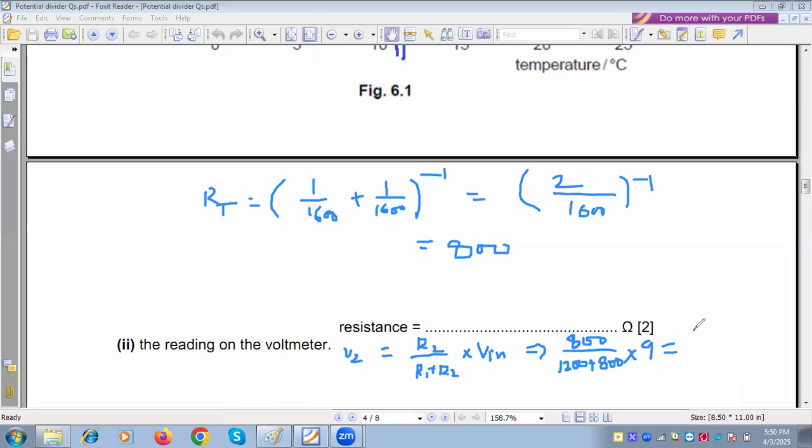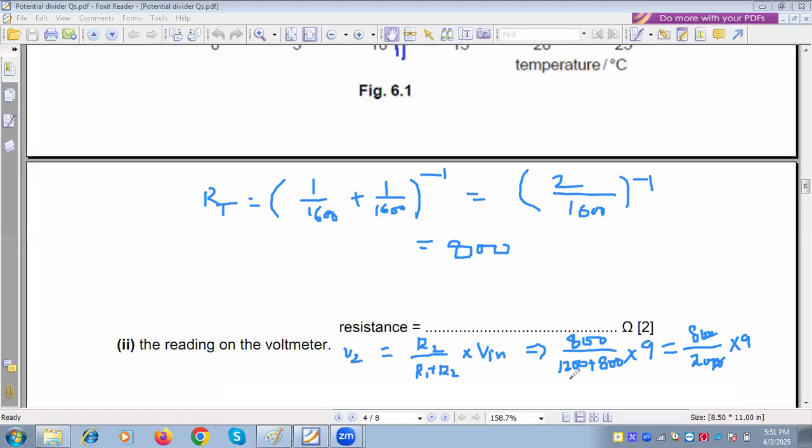This is 800 over 2000 into 9. So these two zeros cancelled, and this is 0.4 into 9, that is 3.6 volt.